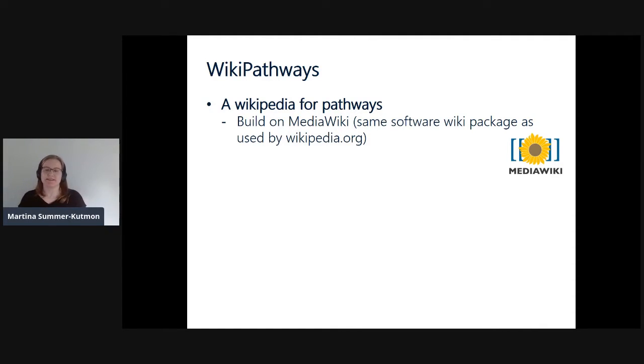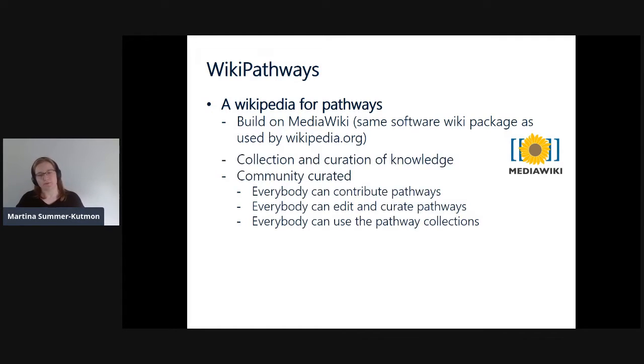WikiPathways is built on the same software as Wikipedia and focuses on collecting and curating knowledge. In our case, we focus on knowledge of biological pathways. That also means that the database is community curated and everybody can contribute pathways, edit and curate existing pathways, and use the pathway collections downstream.